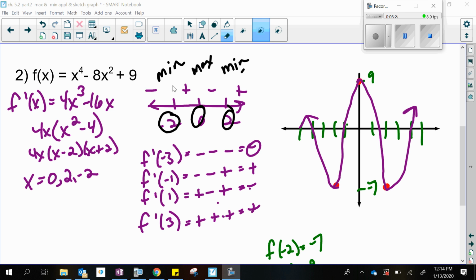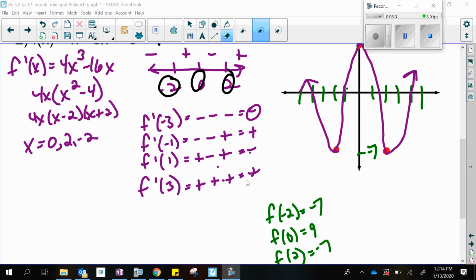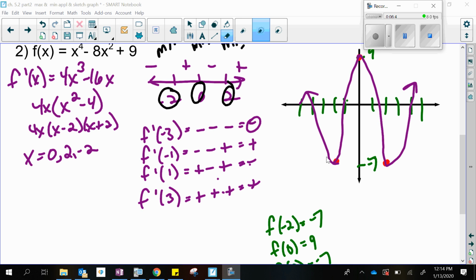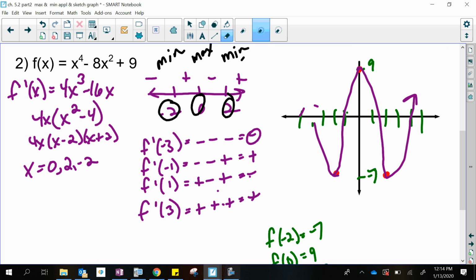So we find it's increasing, so we have a min, then decreasing, then we have a min, increasing, then we have a max, etc. Then you plug those values from your critical numbers into the original equation to plot your points. And then how you connect your points is based on whether it's increasing or decreasing. So this was decreasing at first, so we're coming down into this point, then increasing, then decreasing, then increasing. Okay, now you guys finish up the next one.